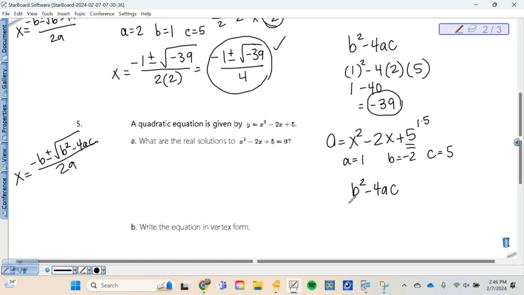B is negative 2, so b squared is negative 2 squared minus 4 times 1 times 5. Negative 2 squared is 4 minus 4 times 1 and 4 times 5, 20. 4 minus 20 is what?